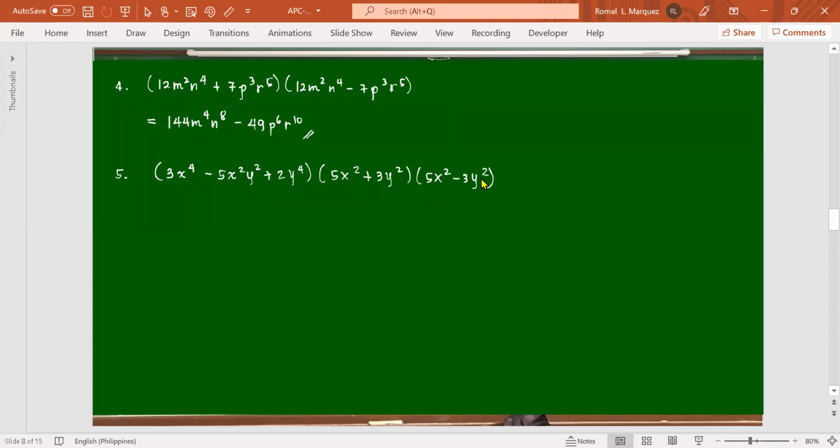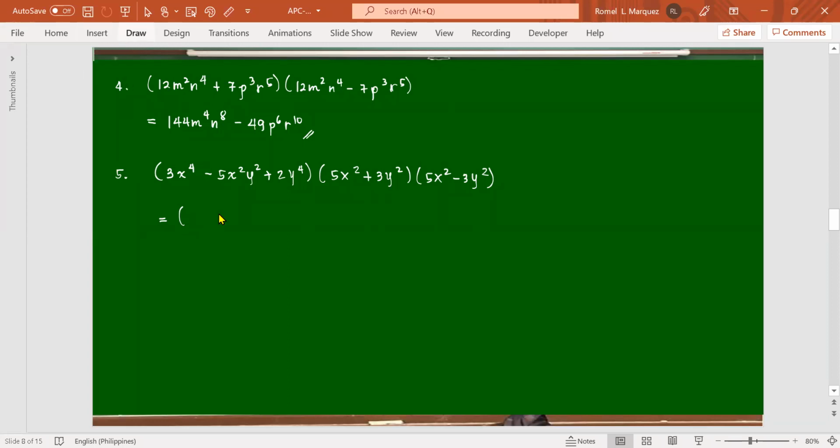What about this? Can you see a pattern from here, guys? Which one is to be multiplied first? The two binomials.